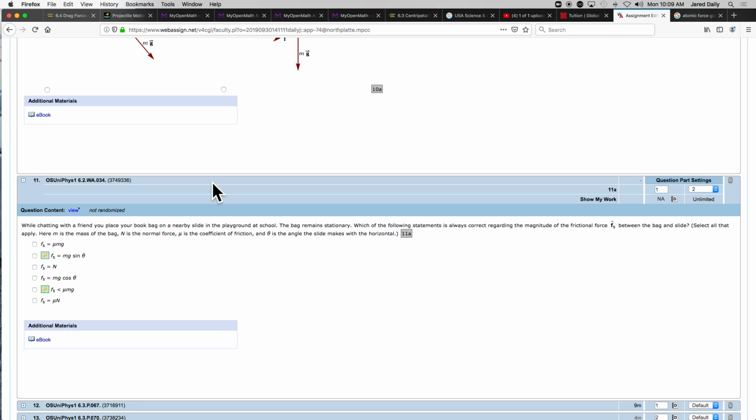The mg is the normal force, and the normal force becomes less on a tilted surface. The normal force is maximum when the weight of the book is straight down into the ground, straight down into the surface, and so the surface can push straight back up. But since this is on a tilted surface, the book pushes down into the surface at an angle, and the surface can only push back at an angle.